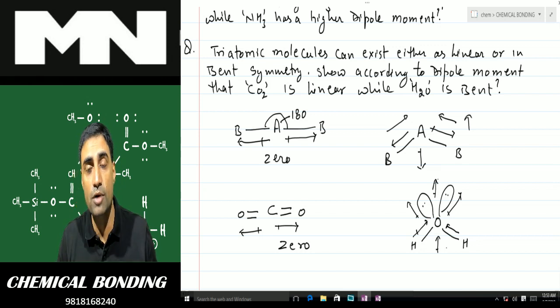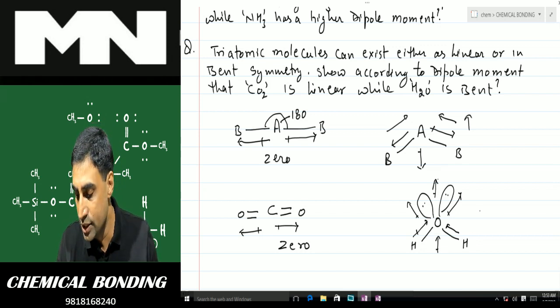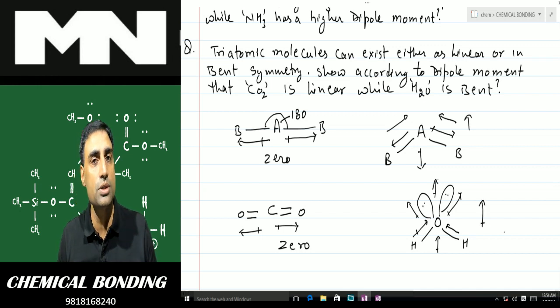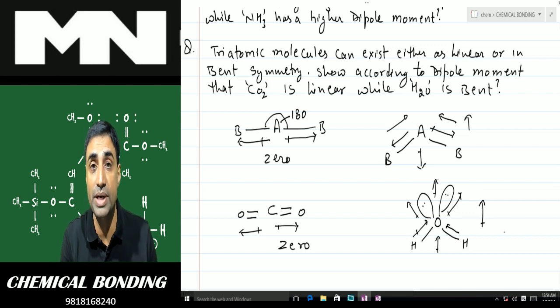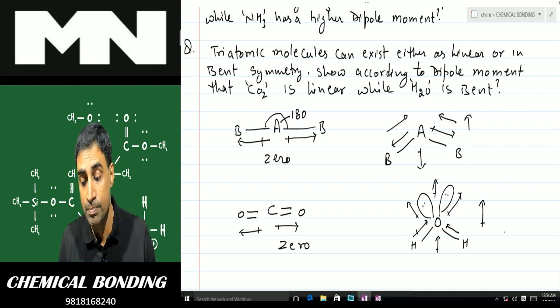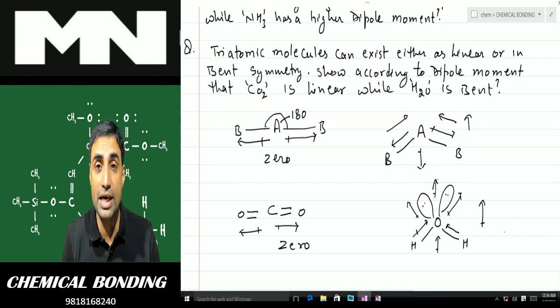So dipole moment of lone pair and bond pair will get added and you'll have a positive dipole moment. So since water molecule has got a positive dipole moment, that means it's not a linear molecule. In fact, it's a bent molecule. CO2 has got a zero dipole moment. That means it is not bent. It is linear. So two possible symmetries for a triatomic molecule are either linear or bent. In linear, you'll have zero dipole moment, whereas in bent, you'll have a positive dipole moment. So this is all about dipole moment.